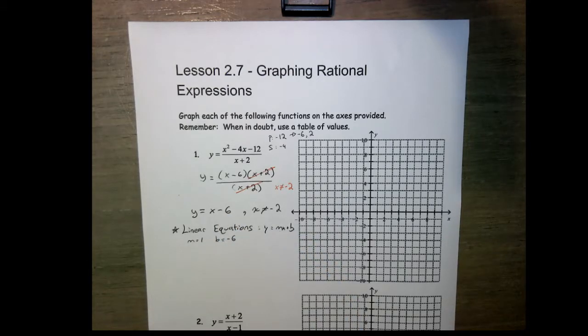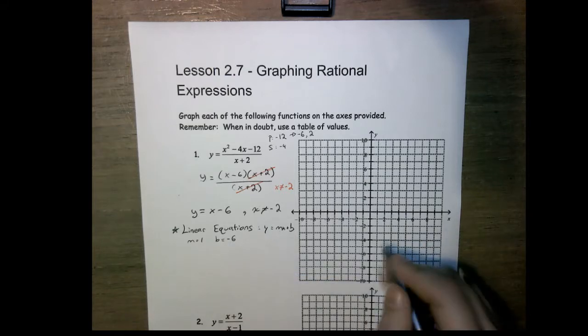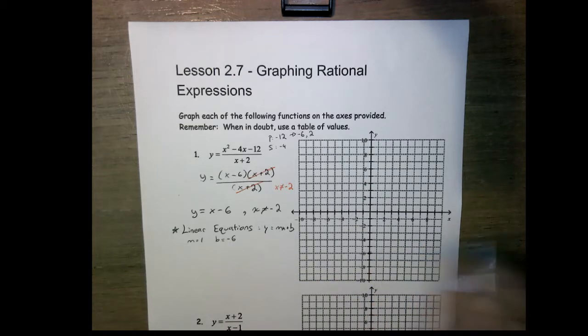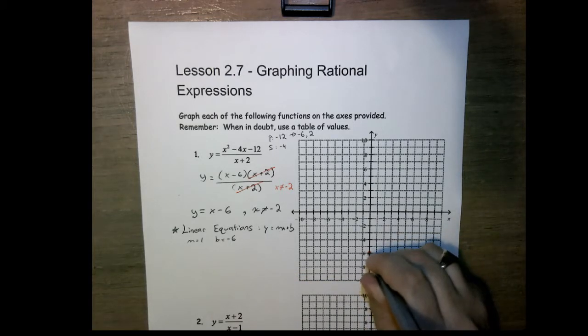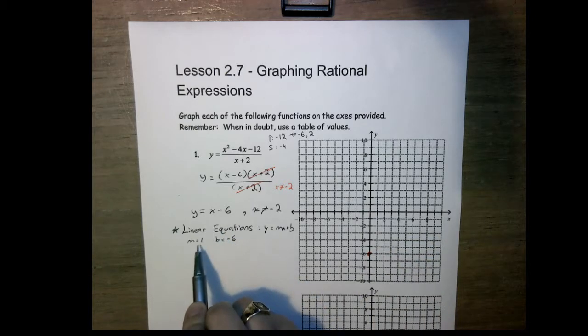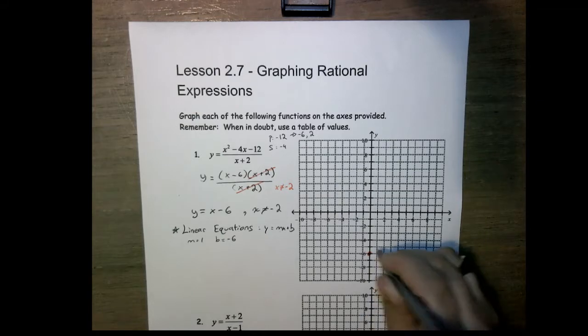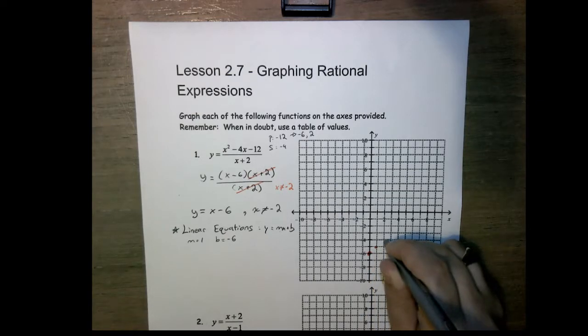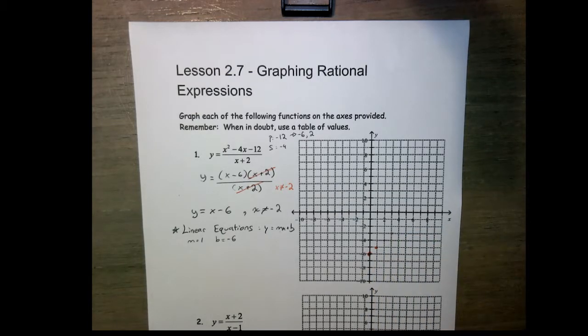If you remember how to graph linear equations, we start with our y-intercept. So my y-intercept is over here at 0, negative 6 on my graph, right? And I have a slope of just 1, so that means I'm going to go up 1 and over 1. And I can do that a few more times until I'm able to draw a line.